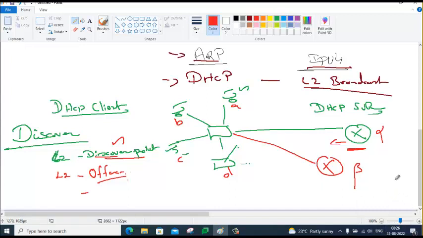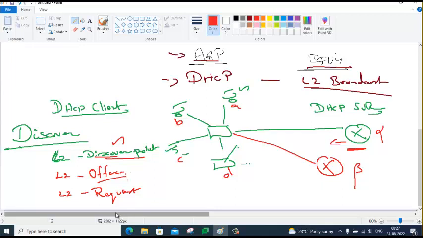If alpha's response is the first response, and comes before beta gives its response, it means alpha is closer to the client. So it likes the closest one. To that closest one, another layer 2 broadcast, which is called a request packet, goes.